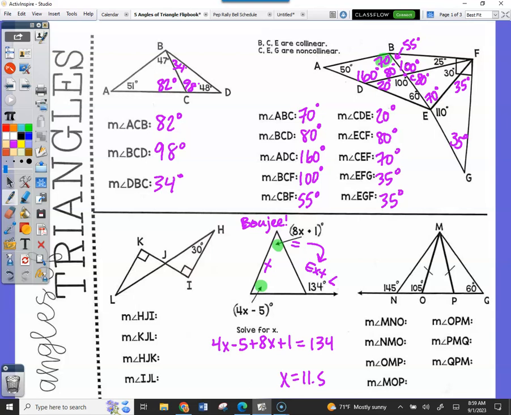So we know that this triangle has a 30 and a 90, which means I can find the third angle by subtracting that off. And do you get 60? And how is the 60 going to play a role with the triangle on the other side? There you go.